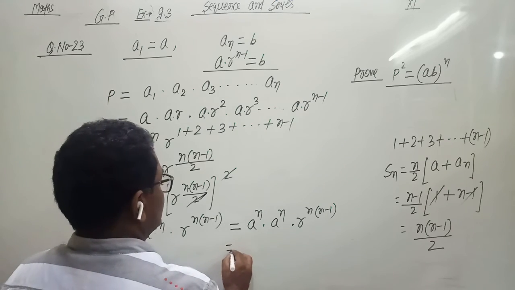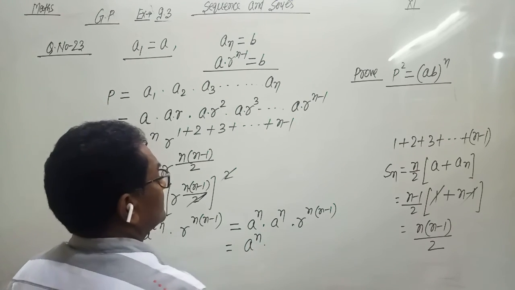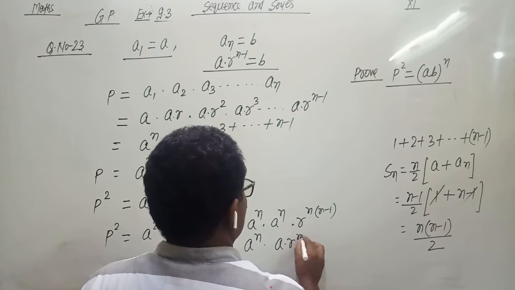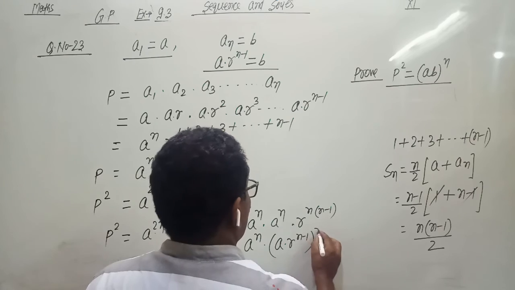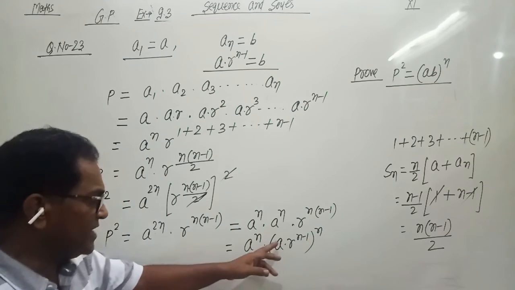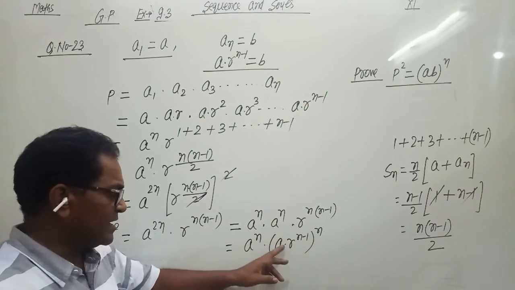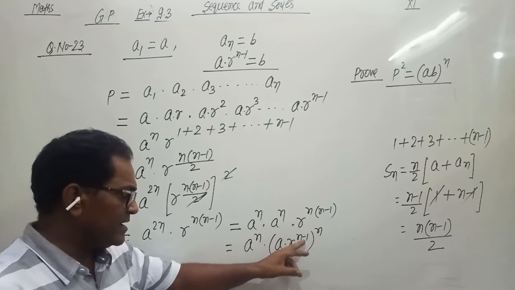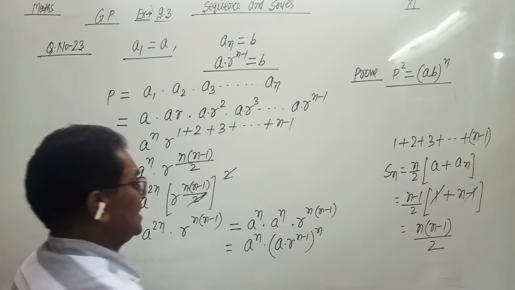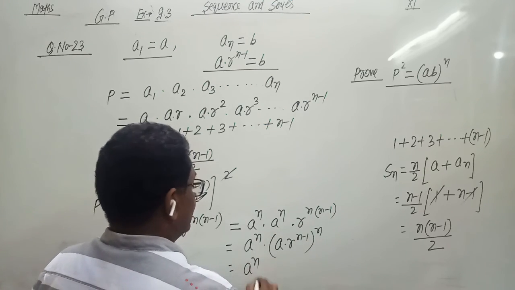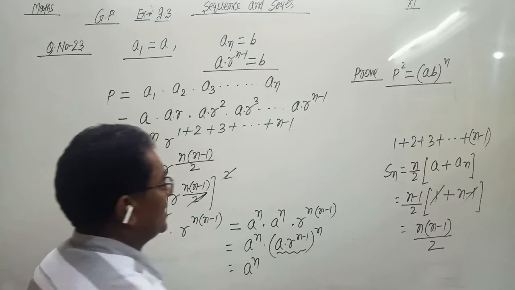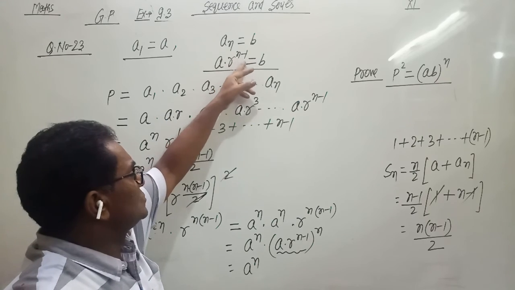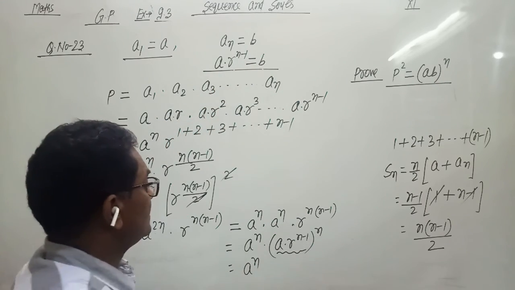And this is written as a raised to the power n into (a into r raised to the power n minus 1) whole raised to the power n. When we expand this bracket, we get a raised to the power n and r raised to the power n into n minus 1. And an is written as it is, in place of a into r raised to the power n minus 1, we can write b.